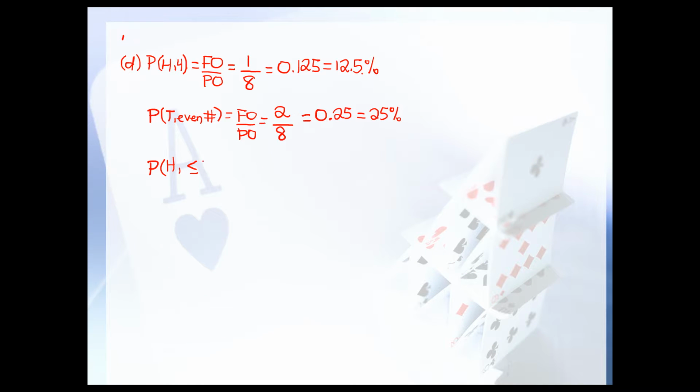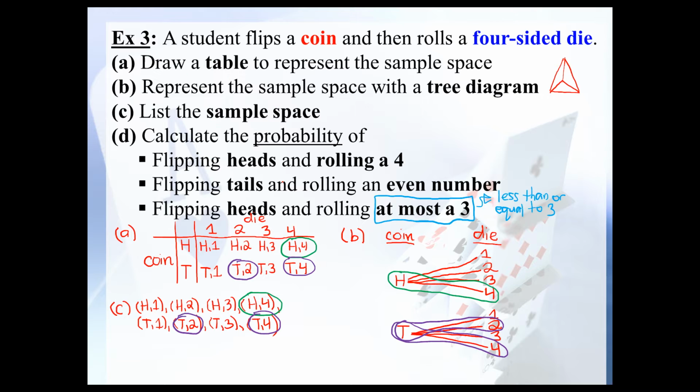That's at most 3. And that's equal to favorable outcomes, FO, divided by PO. Still have 8 possible outcomes. Now let's figure out what the favorable outcomes are. Let's highlight this in the blue color.